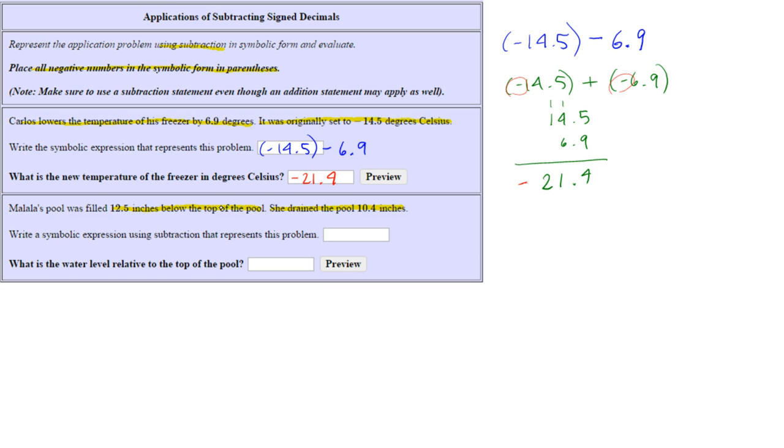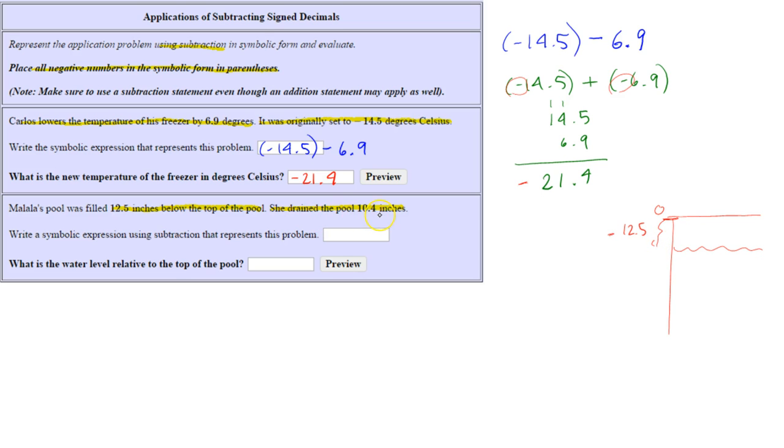Okay, so the pool was filled 12.5 inches below the top of the pool. Let's draw a little picture. So here's the pool, the water is here, and this is 12.5 inches, but since we're thinking of this as 0, this would be negative 12.5 inches.